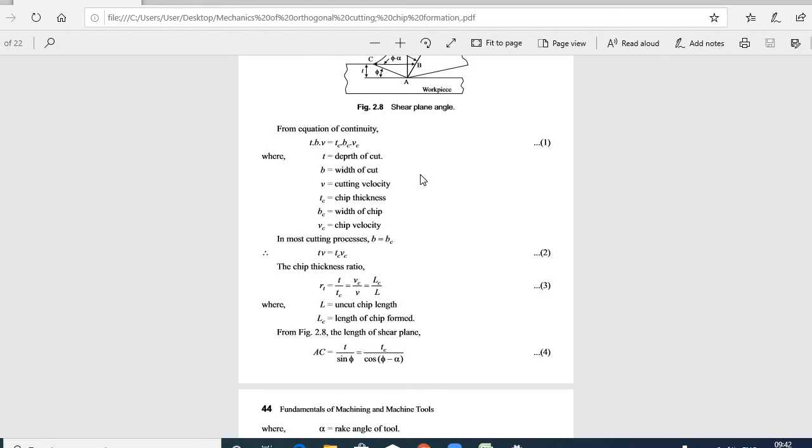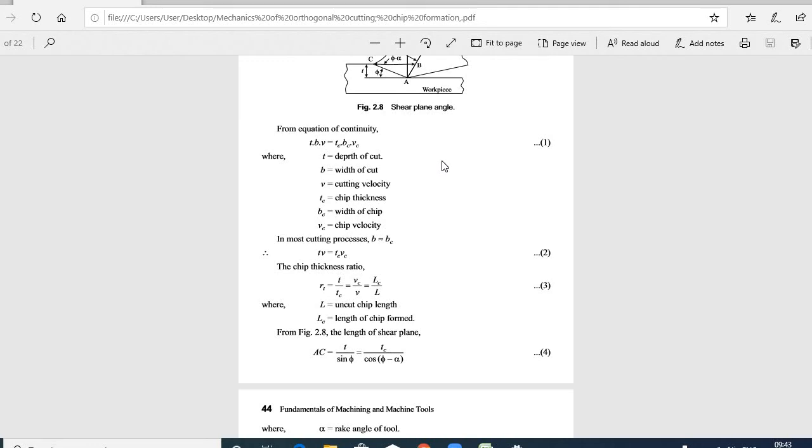In most cutting processes, b is equal to b_c. Therefore, t V is equal to t_c V_c. The chip thickness ratio r_t is equal to t by t_c is equal to V_c by V is equal to l_c by l, where l is uncut chip length and l_c is length of the chip formed.